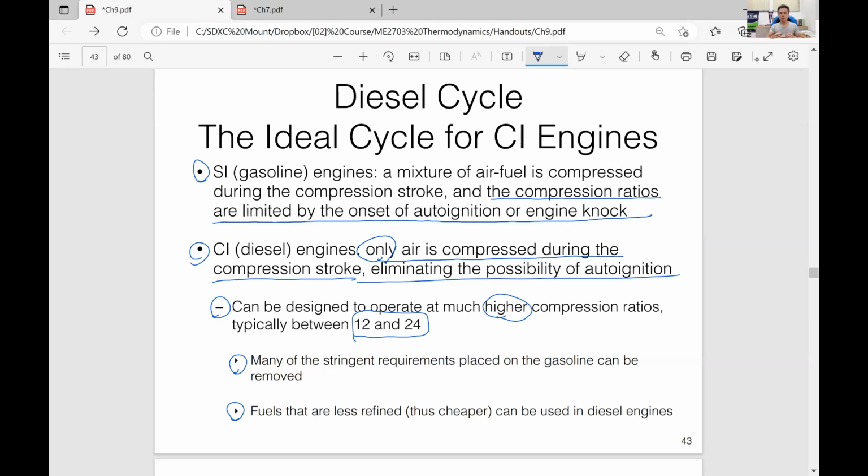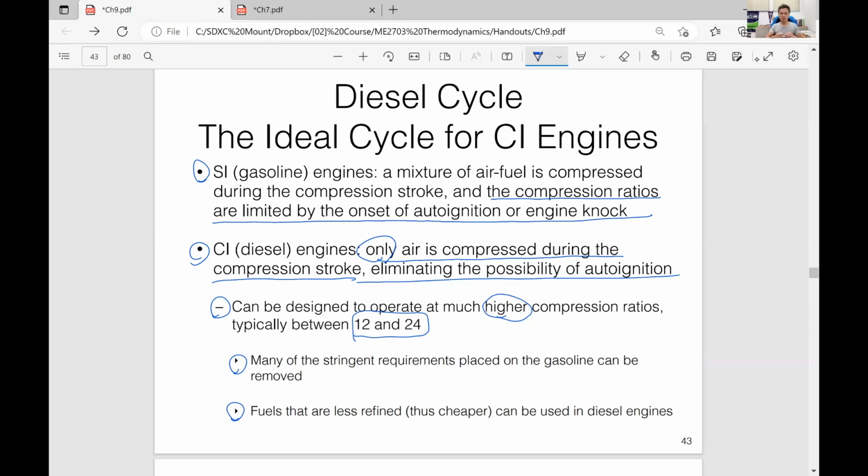That's why usually in home use, small sedans and hatchbacks, most of them are gasoline engines, because of environmental protection.